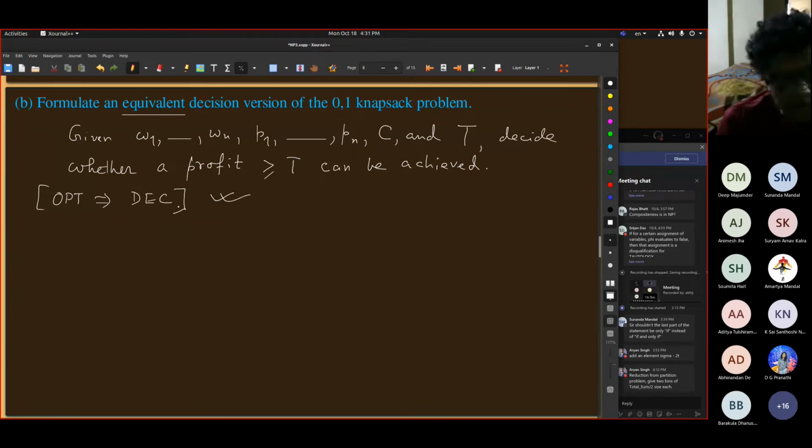We can solve the optimization problem and find the optimal profit and just check whether it is greater than or equal to T. What about the converse? If the decision problem can be solved in polynomial time, then the optimization problem can also be solved in polynomial time. So profits are integer valued, and T can also be assumed to be an integer.